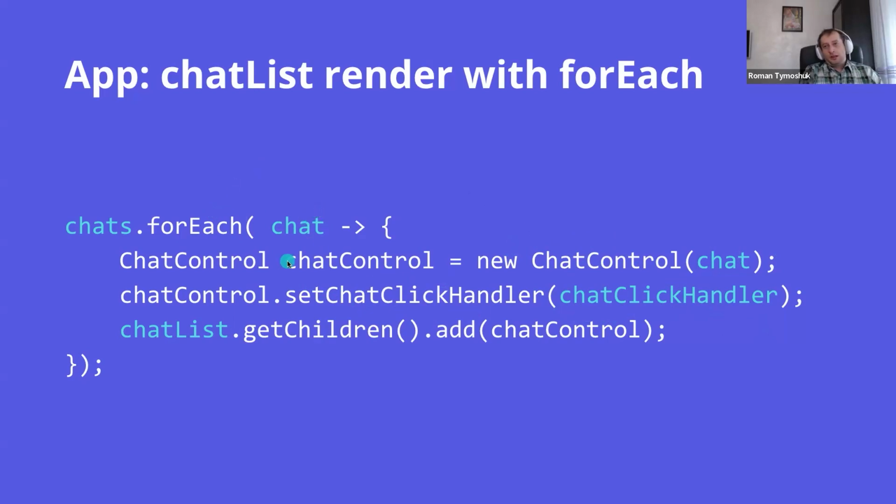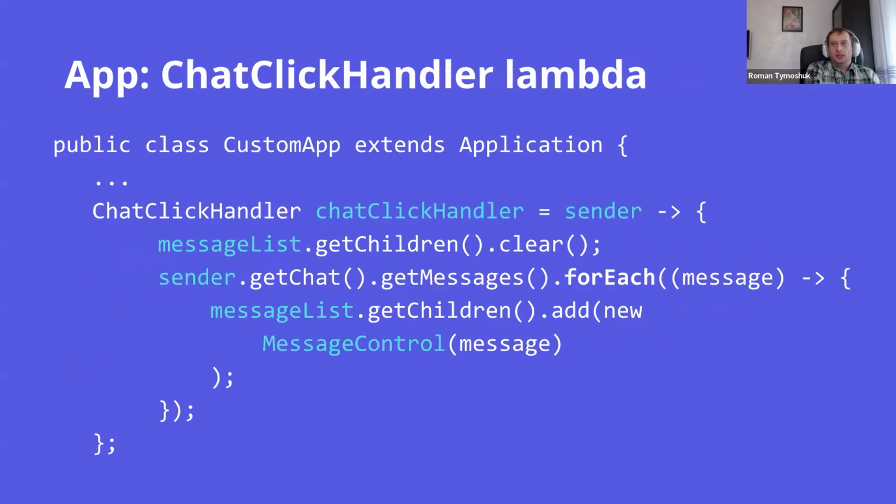This one looks more elegant in my opinion. If you do not have any indexes, if they are not needed, you can use this forEach construction. It comes from Java 8. What happens here? We are creating the chats and chat controls based on chat objects having multiple messages, and associating the click handler.